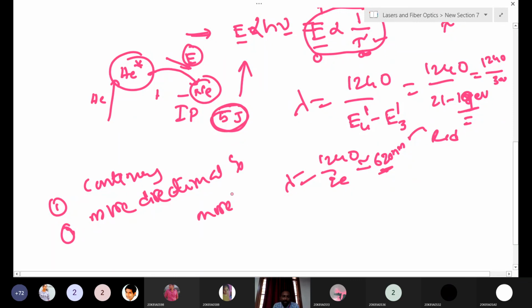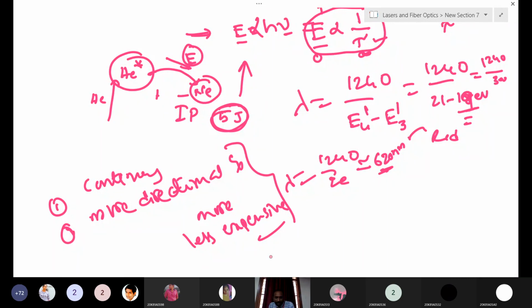Chromatic means one color. And it is less expensive. So the advantages are: we can produce a continuous laser, it is more directional, more monochromatic, and less expensive.